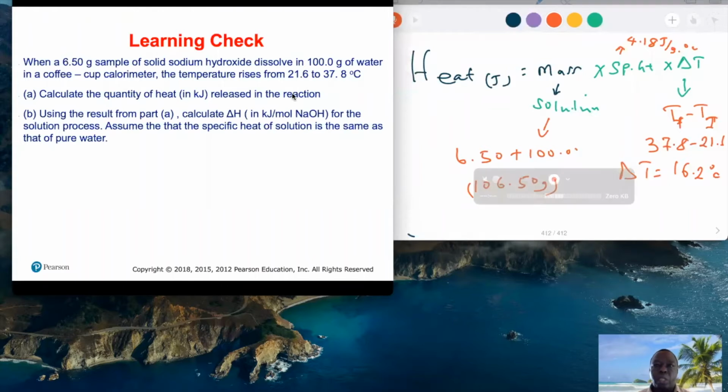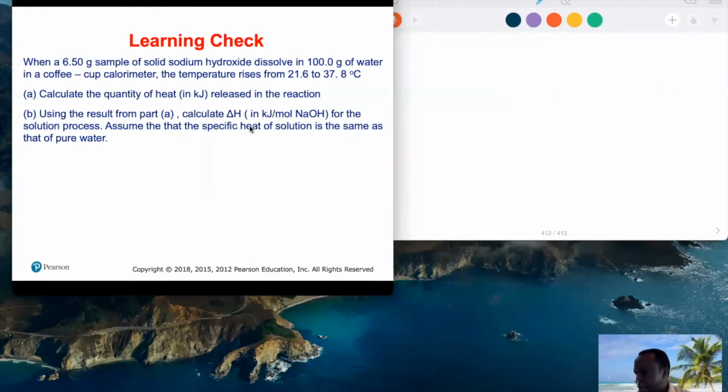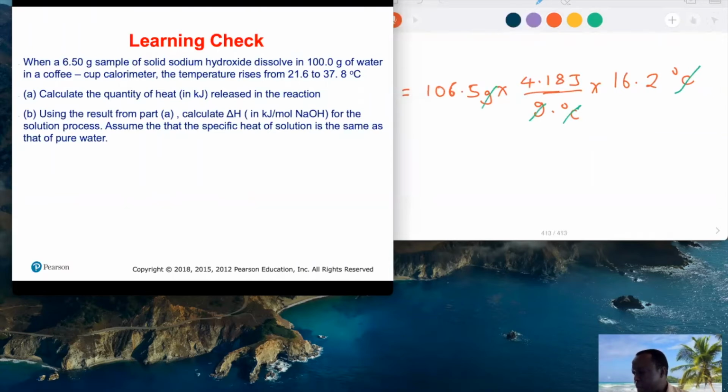So when we plug in the equation, unit reconciliation here is now 106.5 grams times, this is the mass, times the specific heat 4.18 joules per gram times degree Celsius, times 16.2 degrees Celsius, so that degrees Celsius and degrees Celsius will cancel. The grams and grams will cancel. We are left with the units.